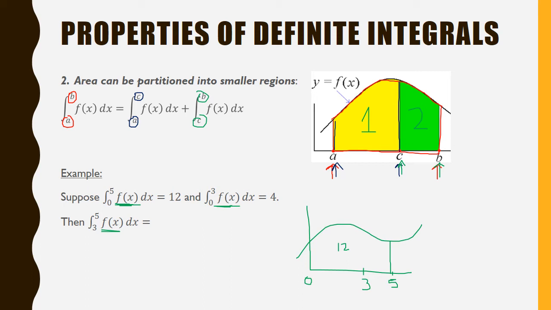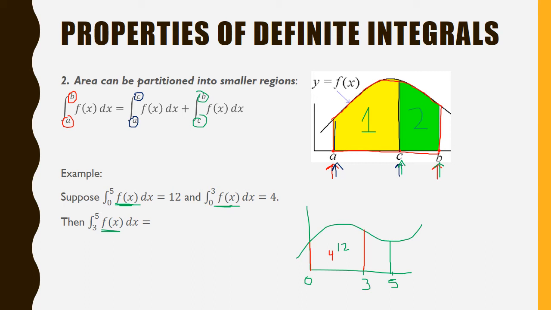But we're also told that the area from 0 to 3, so this area right here, is actually 4. So I did not draw my picture to scale. So the whole region from 0 to 5 is 12, but the region from 0 to 3 is only 4. And the question is, what's the area of the region from 3 to 5?